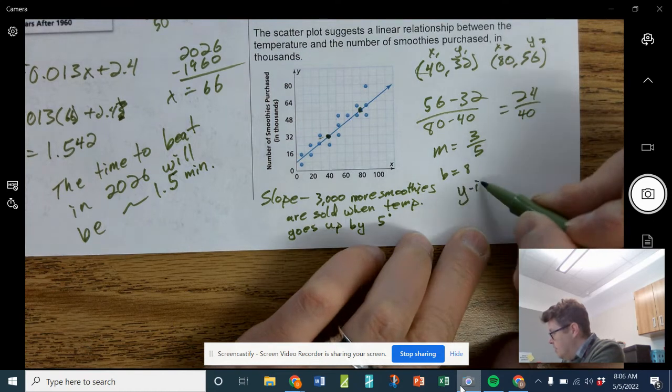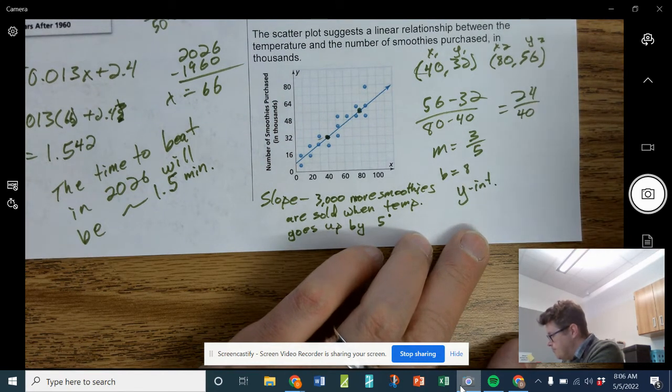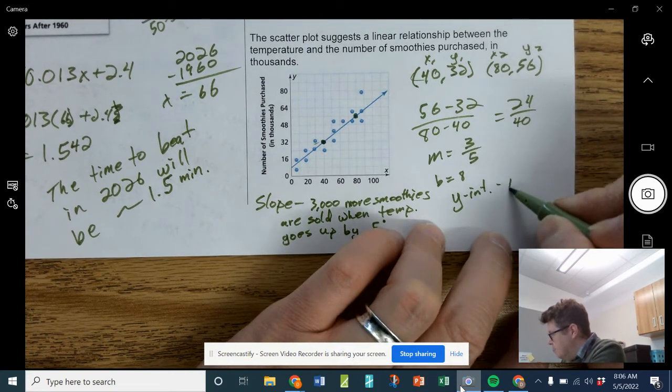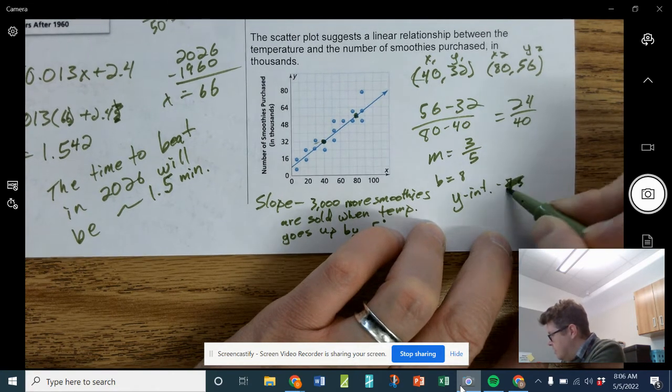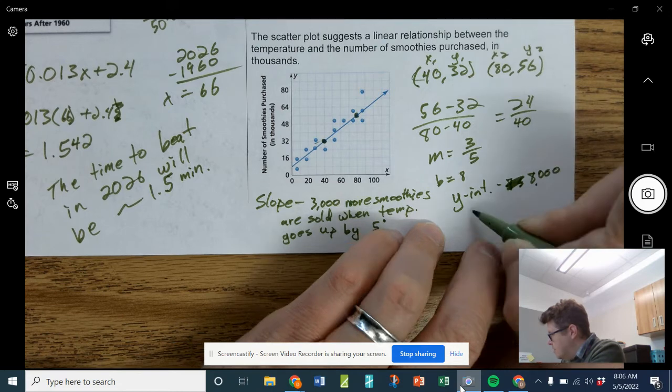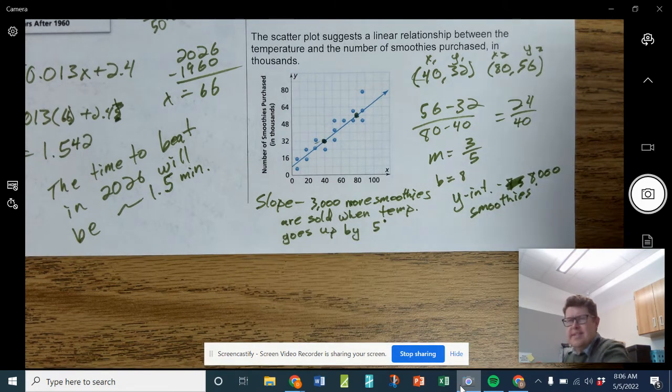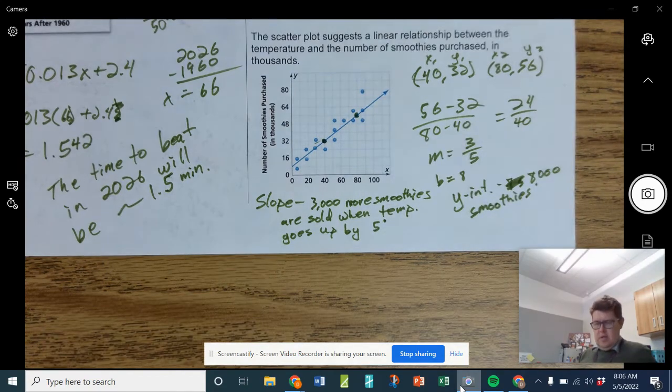The y-intercept is, that just means that 8,000 smoothies are purchased when it's 0. Let me see, what do they say in the book for the y-intercept?